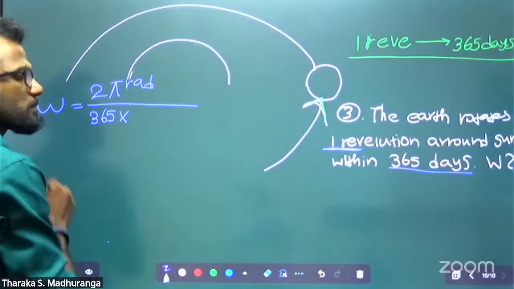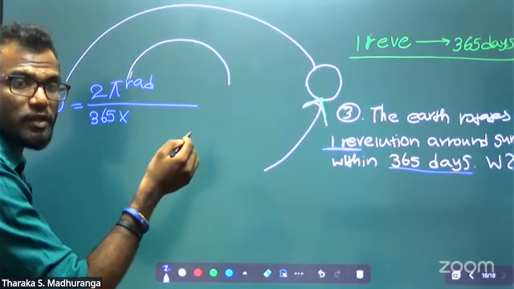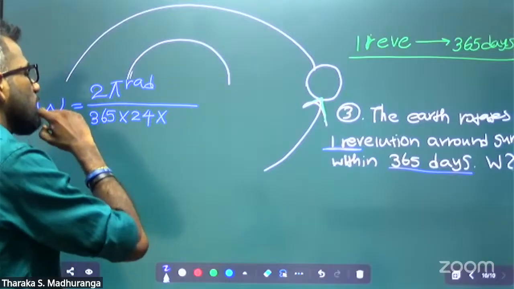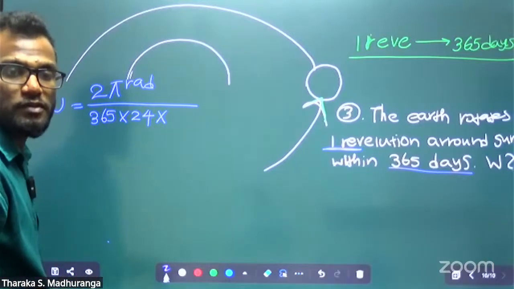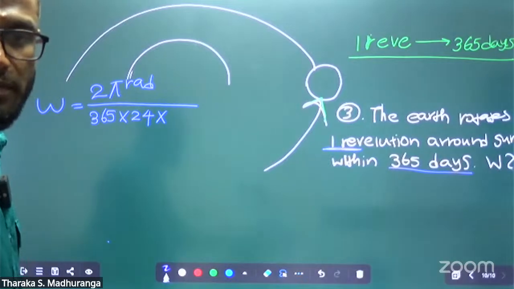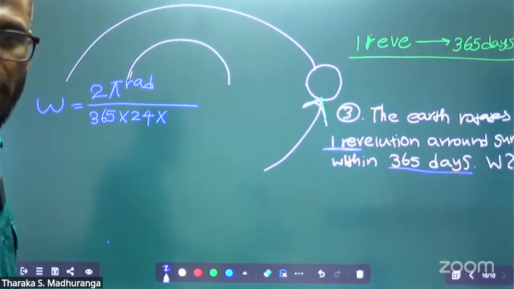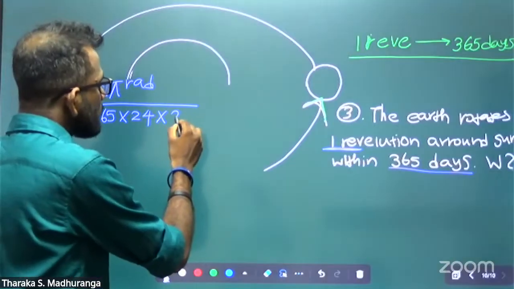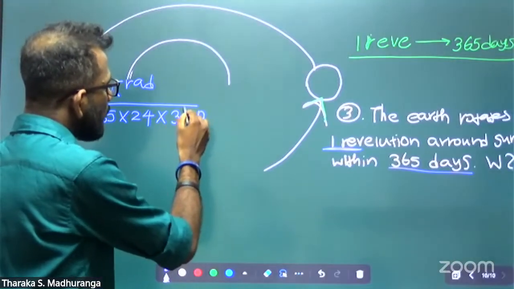365 days. How many hours? 24 hours per day. Then how many seconds per 1 hour? It is 3600.